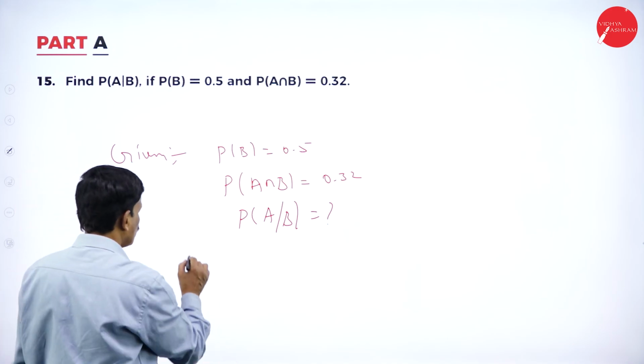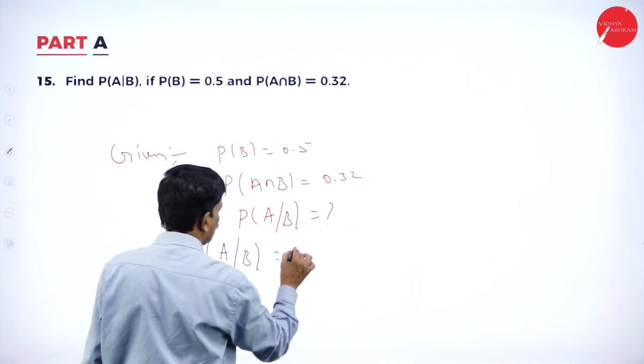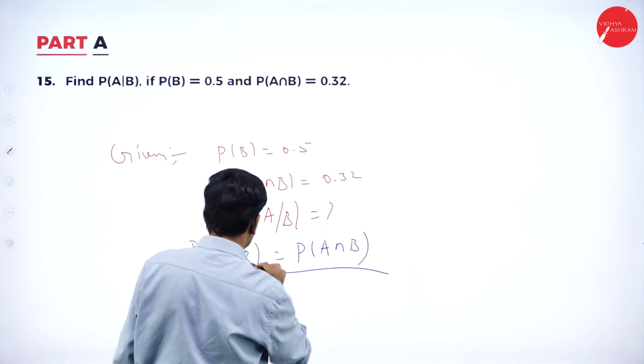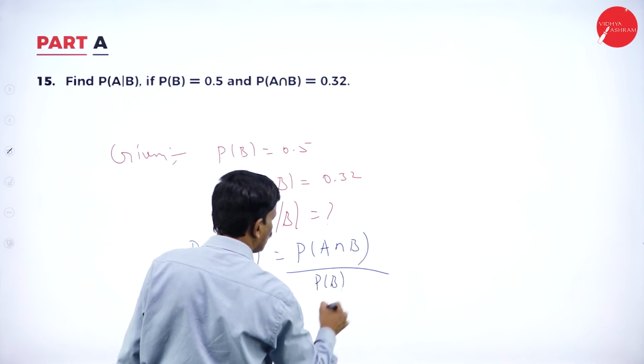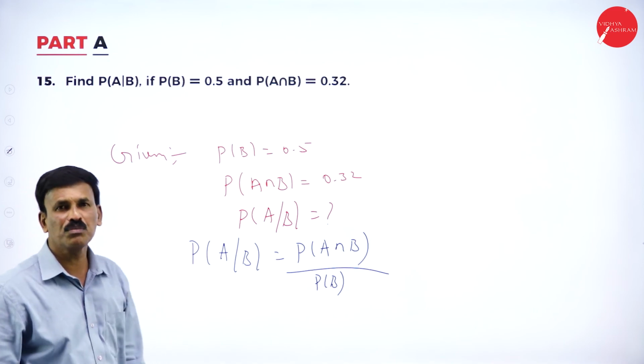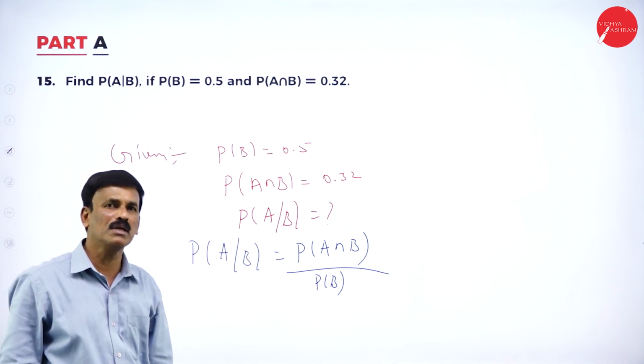Now we know the formula: the probability of A divided by B is given by probability of A intersection B divided by the probability of B.